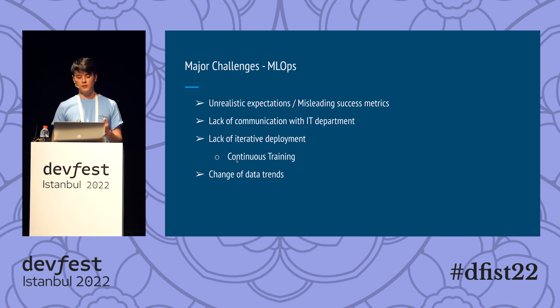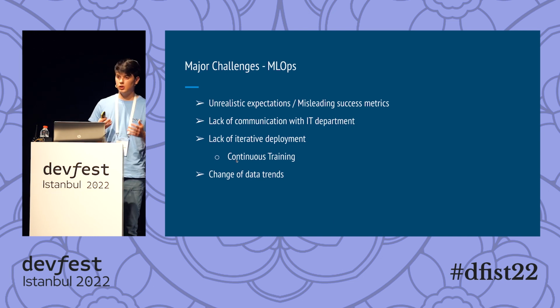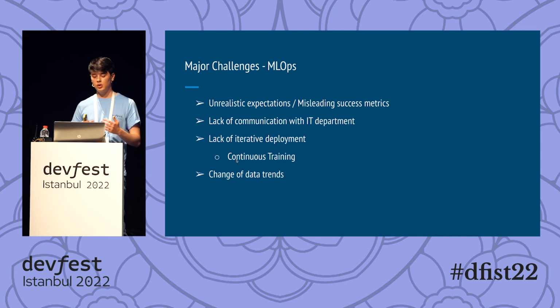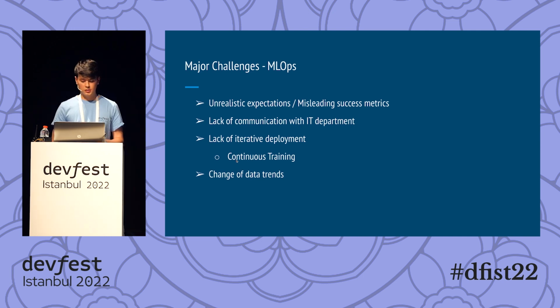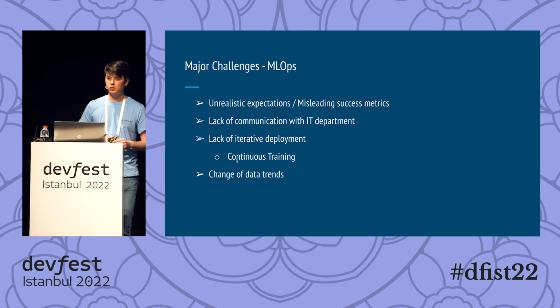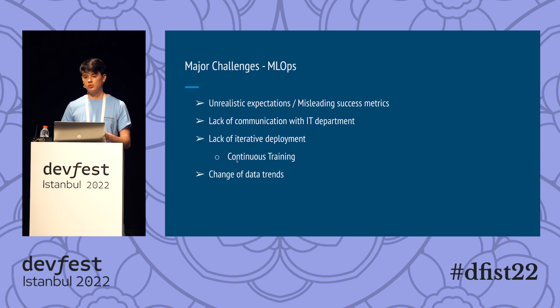After you deploy the first time, you need to iteratively monitor the health status of the model. Is it giving false predictions or right predictions? So, change of data trends. For example, imagine stock prices can be affected by a news article.